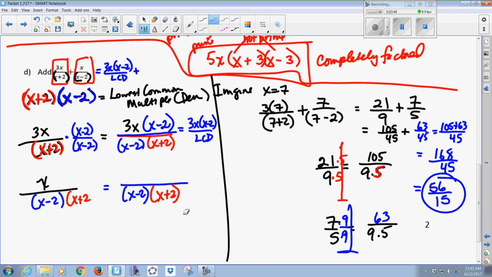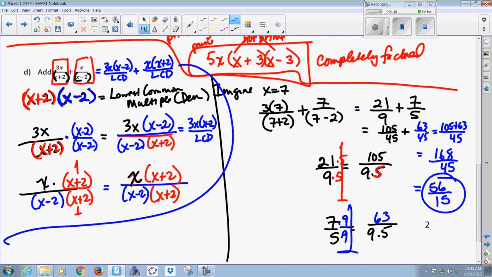So if I multiply the denominator by x plus 2, keeping everything equal, I have to multiply the top by x plus 2. So you can see I have essentially multiplied this by the number 1. So this is x times x plus 2. So now here I have x times x plus 2 over that common denominator.